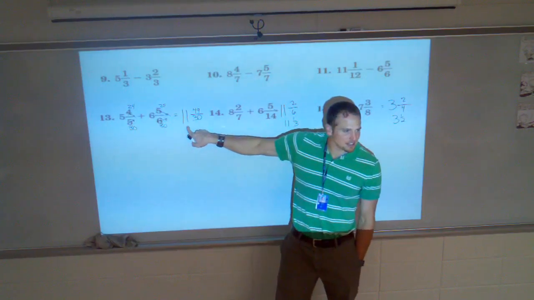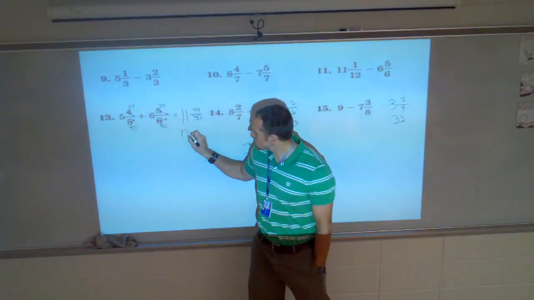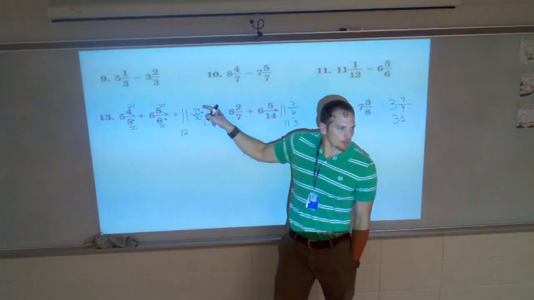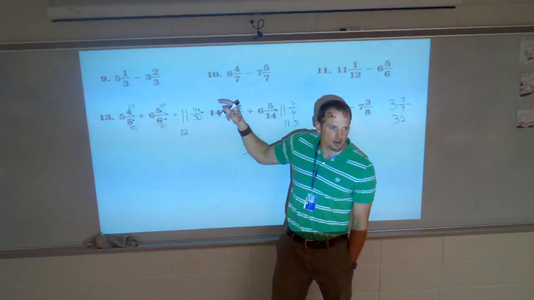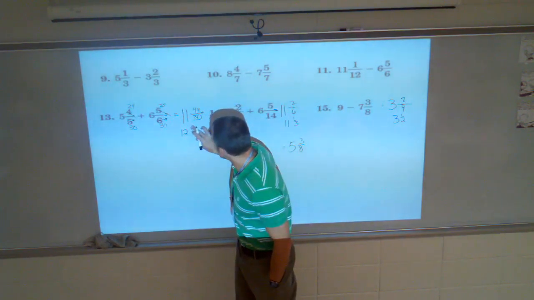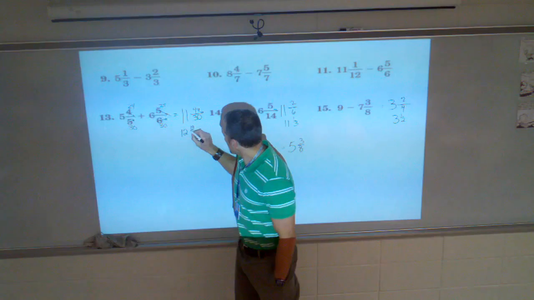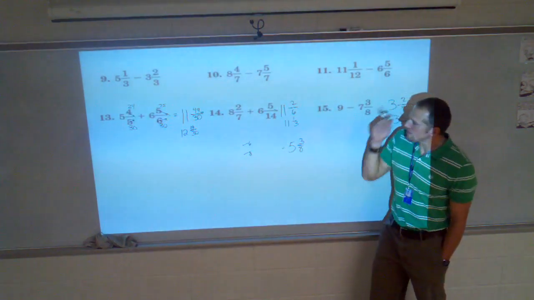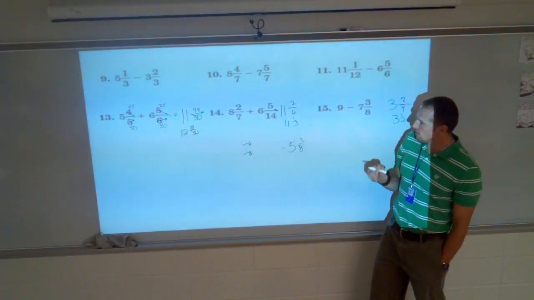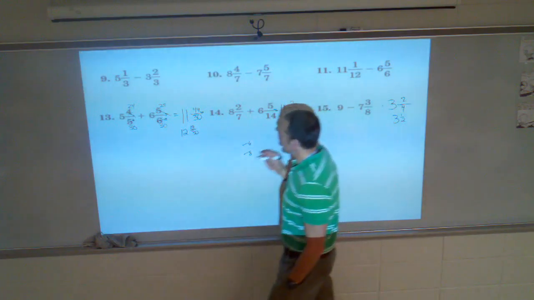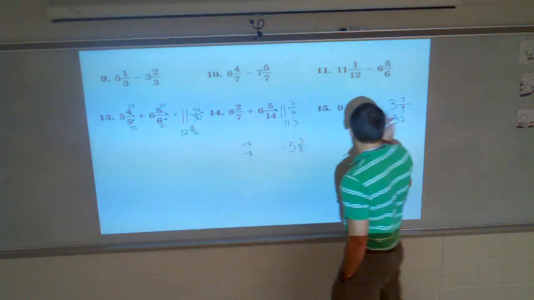I'm going to add it to this 11. This becomes 12. How many do I have left when I take 30 out of there? Serena, good. 19 over 30. So your answer would be 12 and 19/30ths. All right? Let's look at number 15.